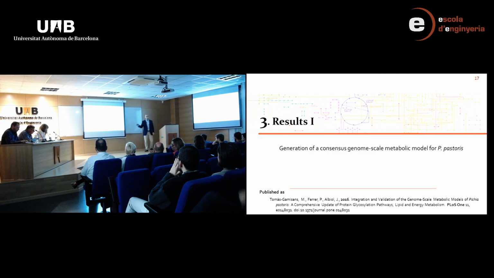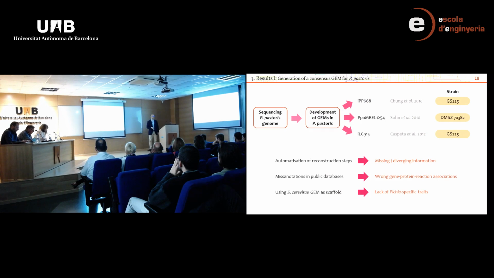So the first chapter of results is the generation of a consensus genome-scale metabolic model for Pichia pastoris. As I said in the introduction, there were three different genome-scale metabolic models available previously to this thesis. Nevertheless, they seem to have been reconstructed in a semi-automatic way, as there is missing or diverging or contradictory information among them.